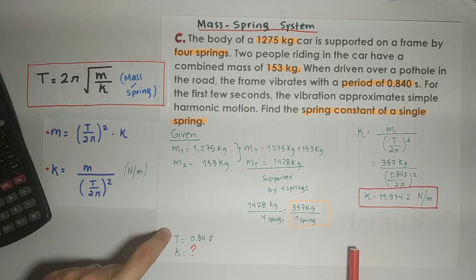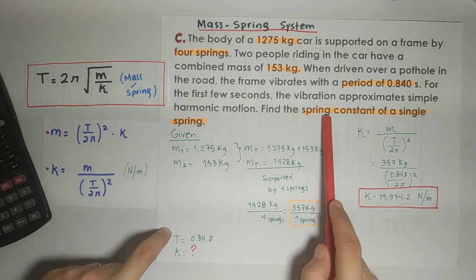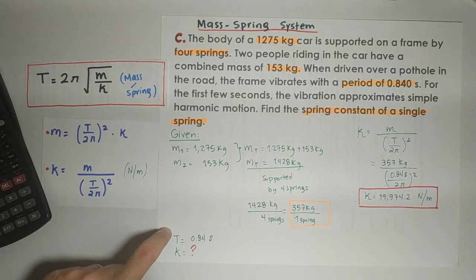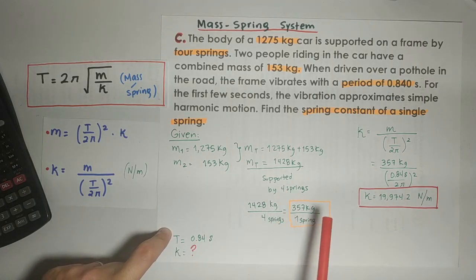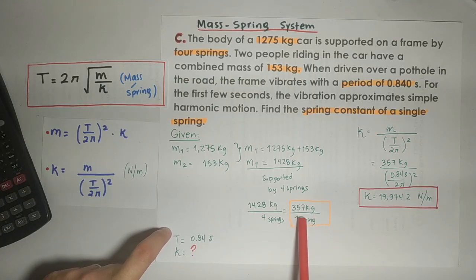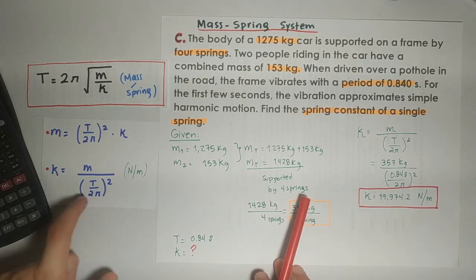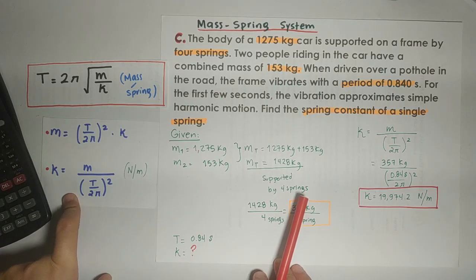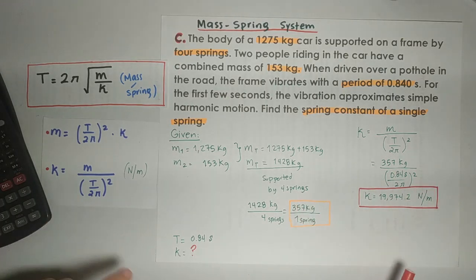But I just need to know the spring constant of one single spring. So what I do is I divide by 4 to know how much mass one spring is supporting. From here, I apply the equation to get the spring constant. And voila. Now, how do I do this?